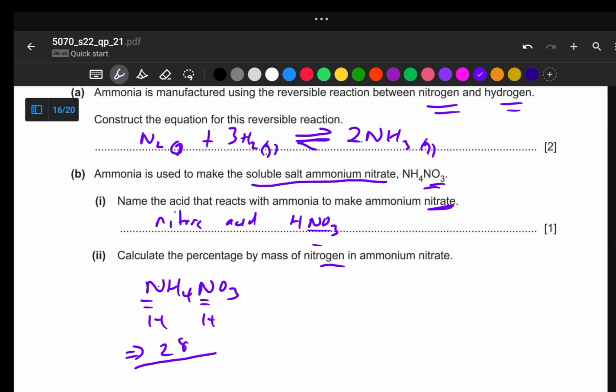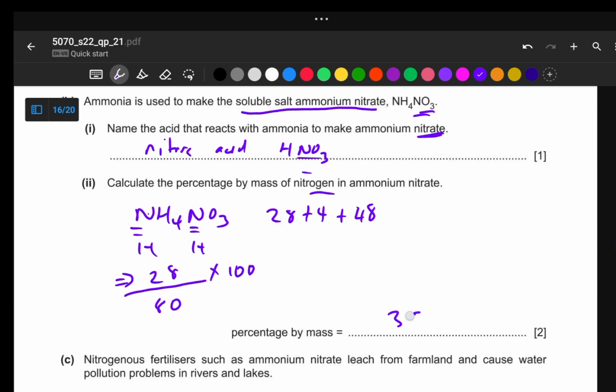So the total mass of this whole compound, you are going to have 28, the mass of 2 nitrogen atoms, plus 4, the mass of these hydrogen atoms, plus 16 times 3, which is 48, right? So we're simply going to add this on the calculator, 28 plus 4 plus 48 to give 80. So we're going to say over 80 here, multiplied by 100, and we are going to have 35%. As simple as that, right?